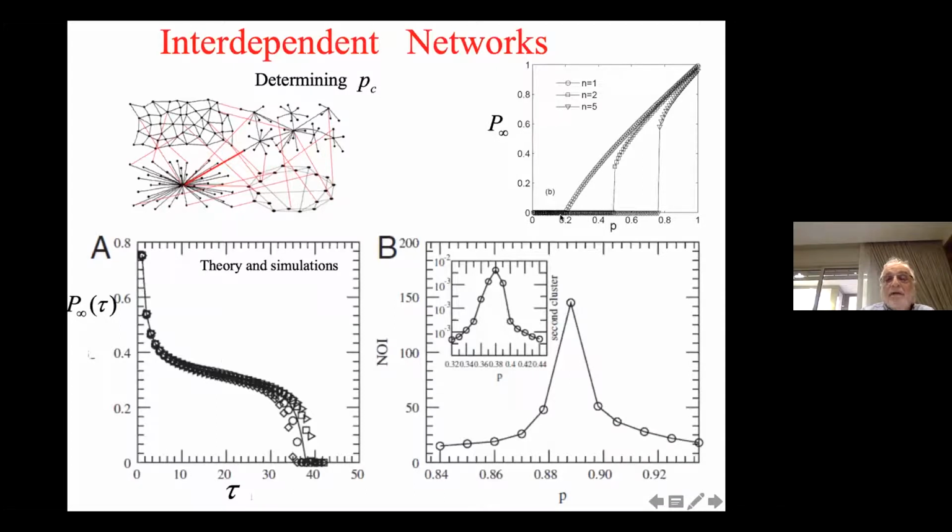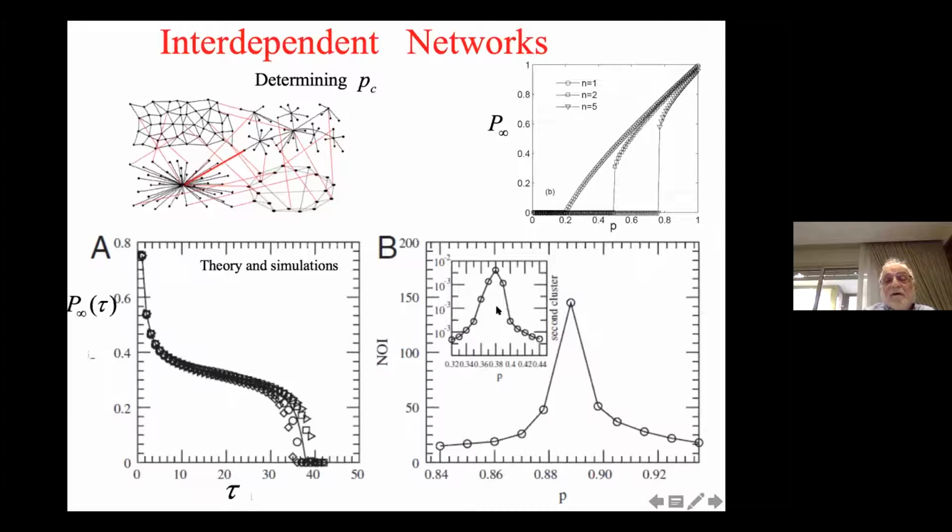And it means that if you don't know what PC is, you don't need to do very much mathematics. You have a system, you want to know the critical point, you just measure the number of cascading failures in the system around P, and you will find that there is a maximum around PC, and this maximum is because the plateau diverges, it goes to infinity, when the system is infinite.